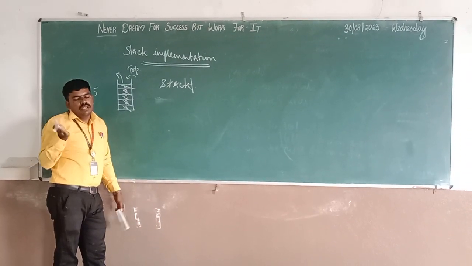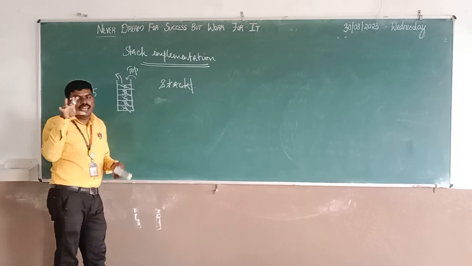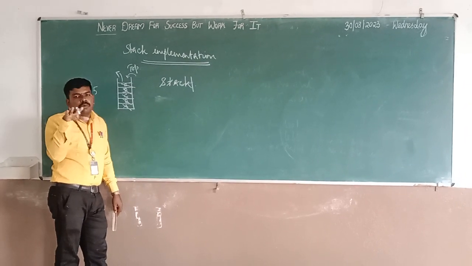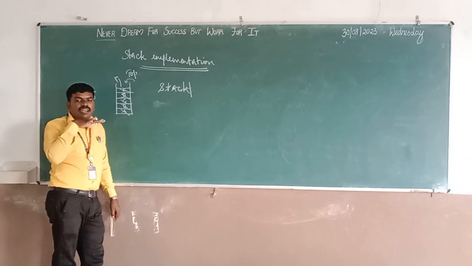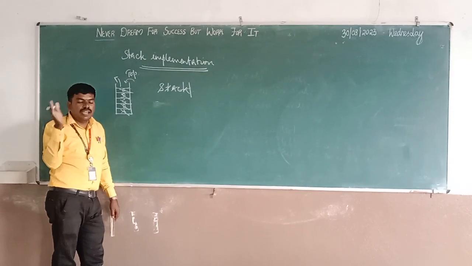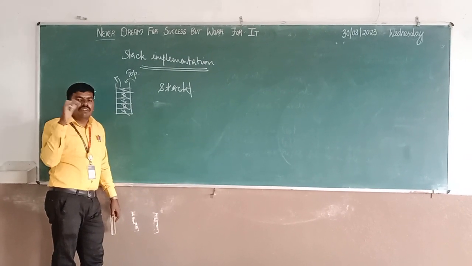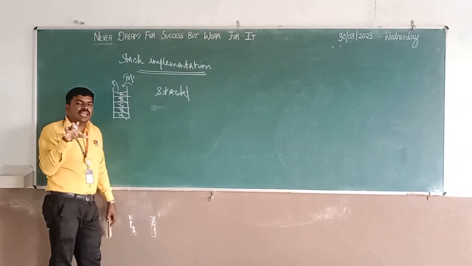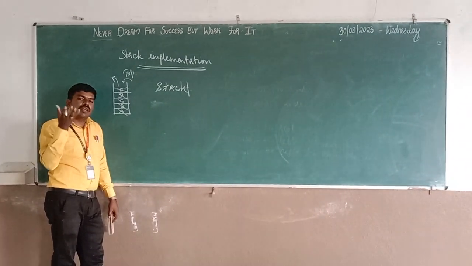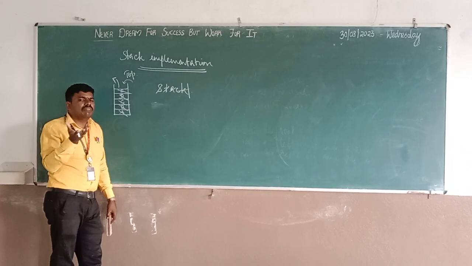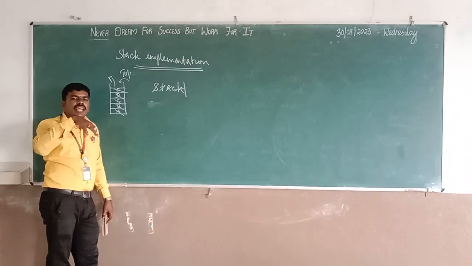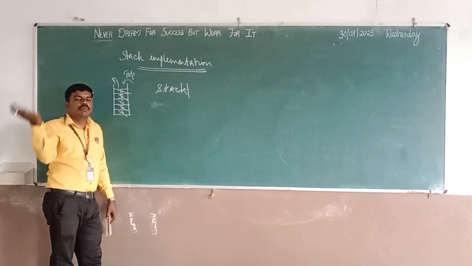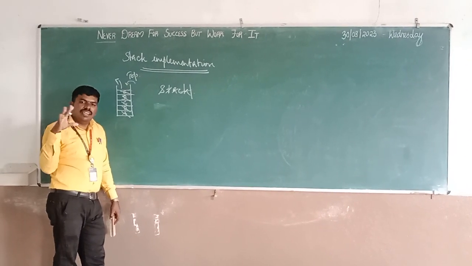By the time it is fully occupied, the element at the top position is the one that was inserted into the container last. While removing from that container, the element, whether a book or whatever it may be, which was inserted into the container last, is removed from the container first.